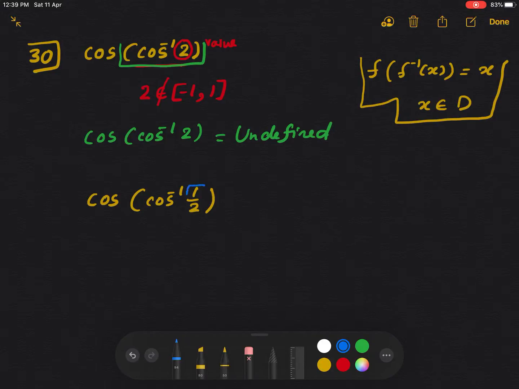Because this half belongs to the domain, because half lies in between -1 to 1. So cosine inverse half is equal to half. But in the first case, it is undefined because for cosine inverse 2, there is no such inverse function.